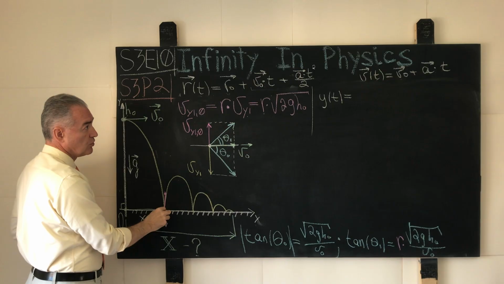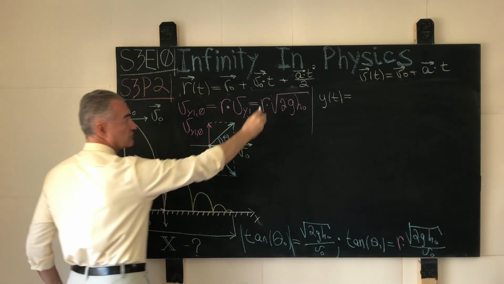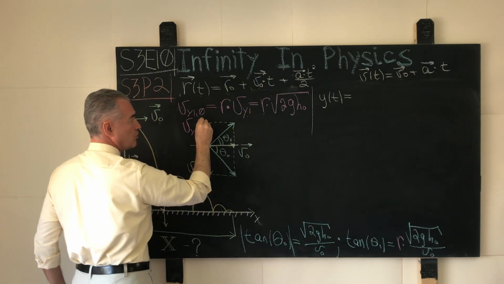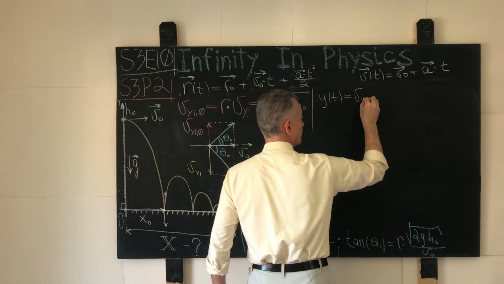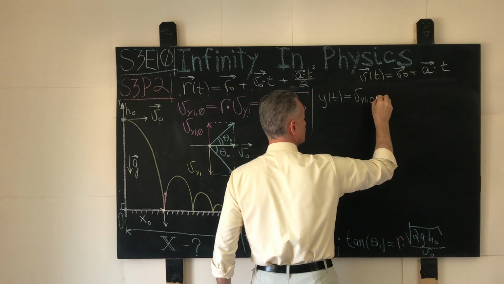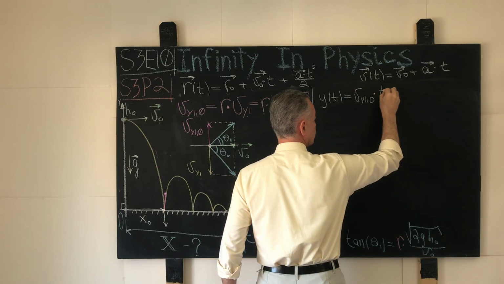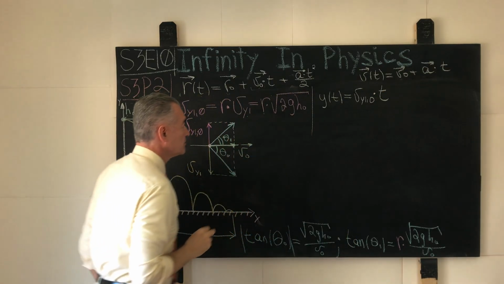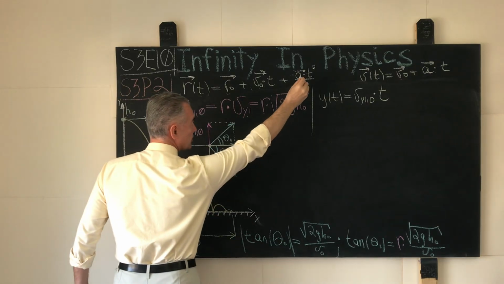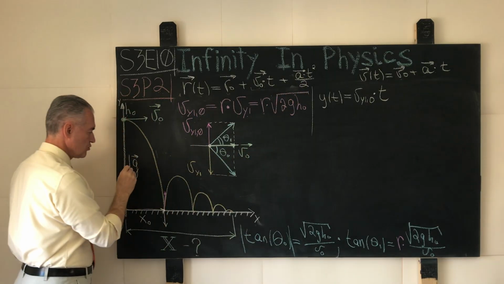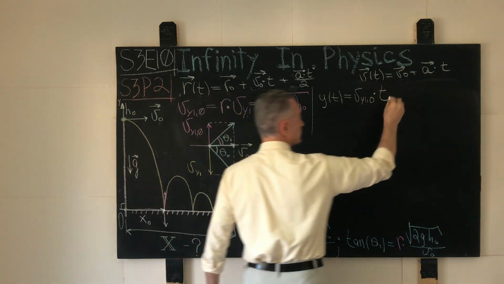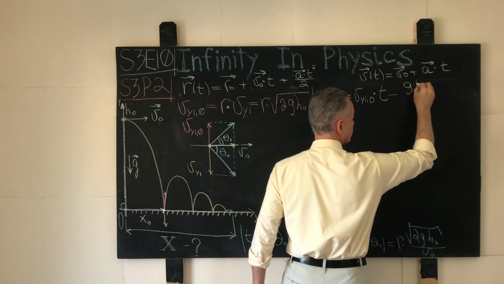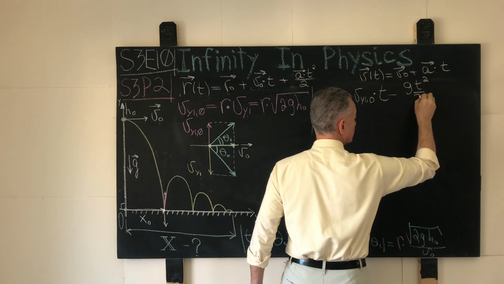Exactly. So what is the initial velocity? Well, we already know what it is. It will be Vy1,0 times t, and the projection of the uniform acceleration, again, cosine of pi is -1, so it will be still minus gt squared over 2.